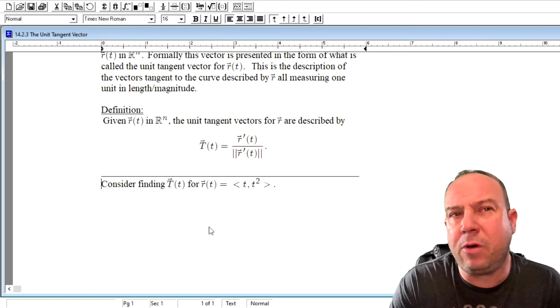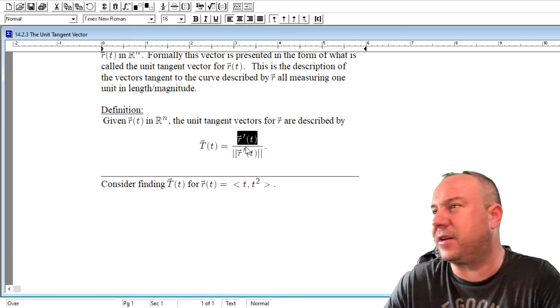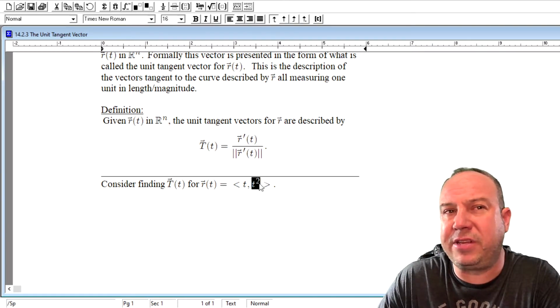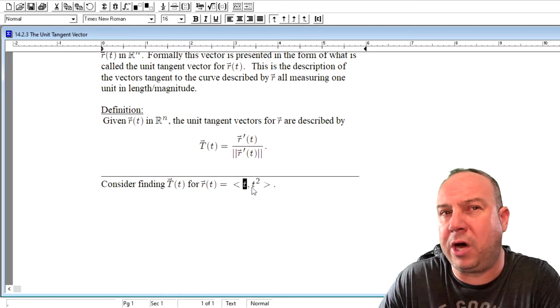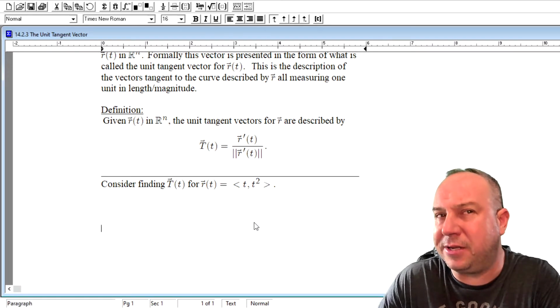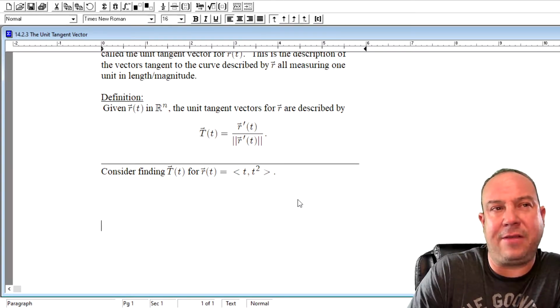All right. Well, what we're going to need is the derivative of this vector, which is not difficult to find. The derivative is the derivative of the components, so that'll be 1, this will be 2t. And then we're going to divide that by its magnitude.